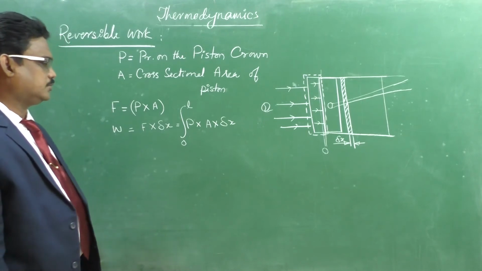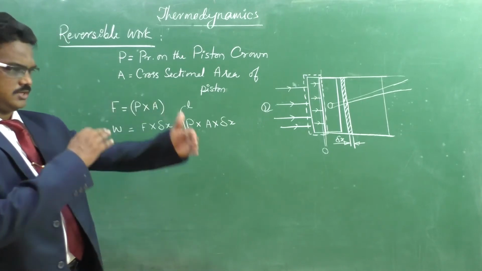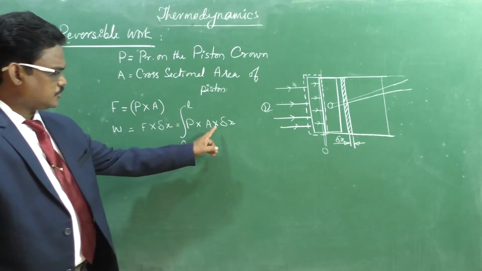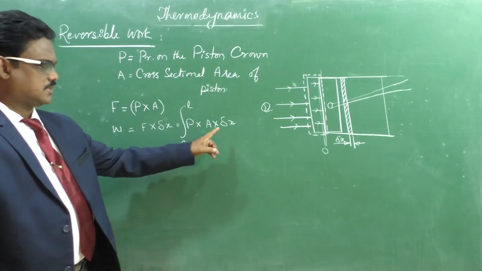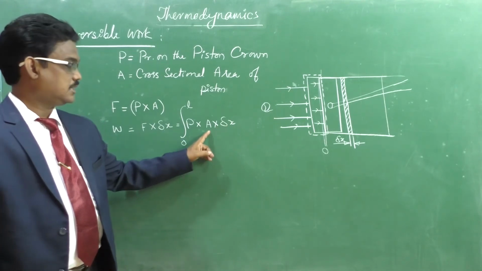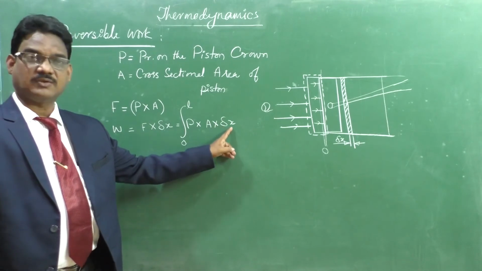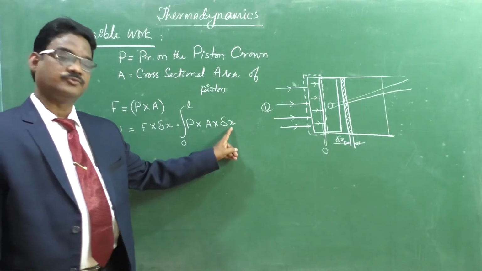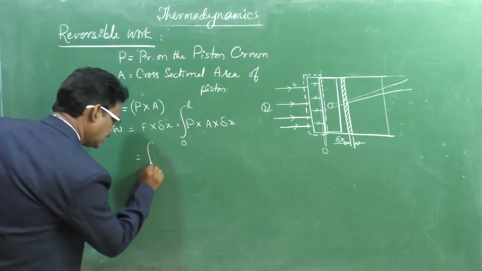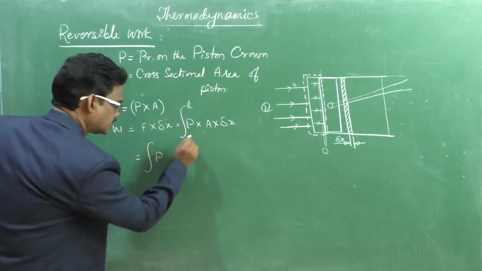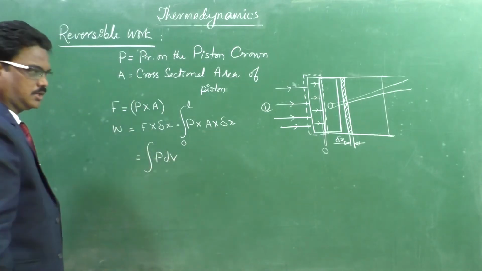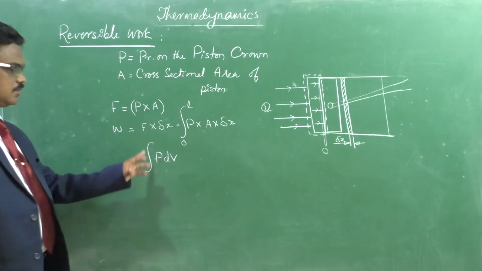Now I want to modify it in terms of volumes. Area into delta x gives us delta V. Therefore this is the integration of P dV. And what about the limits?